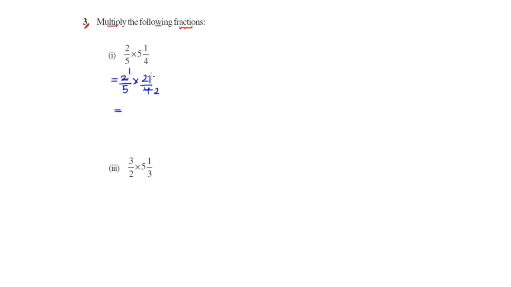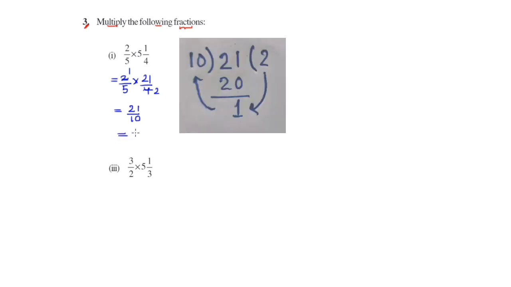Clear? Now multiplying the numerators, we get 21 times 1 is 21, and then in the denominator we have 5 times 2, that is 10. I hope you have understood how to solve this question. Now we will convert this improper fraction into a mixed fraction.